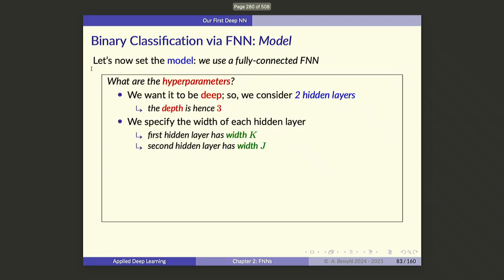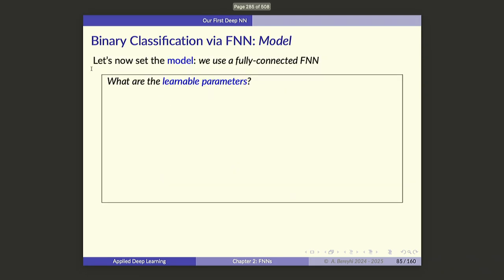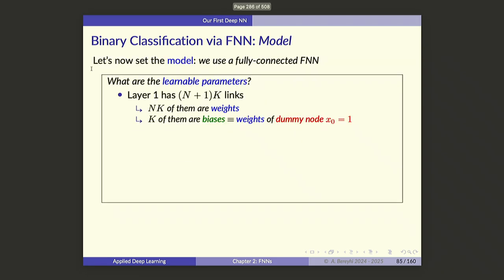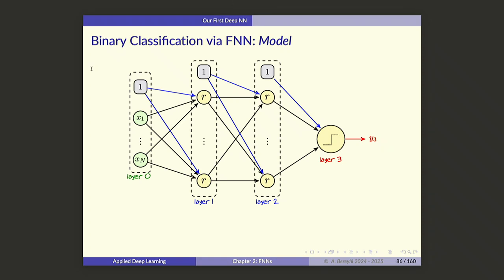Then we started to think about one simple architecture, and we talked about how many parameters we have here. The idea was that we have the input, then 2 hidden layers, and finally we get the output through one particular perceptron. We decided to use a perceptron because we wanted the output to be 1 or 0. We had no other choice, right?